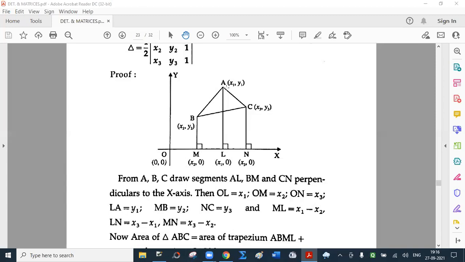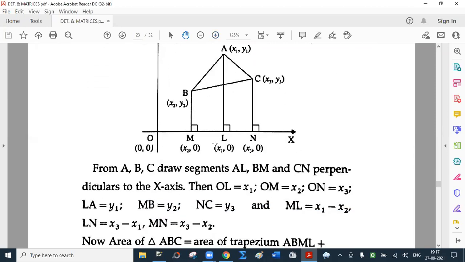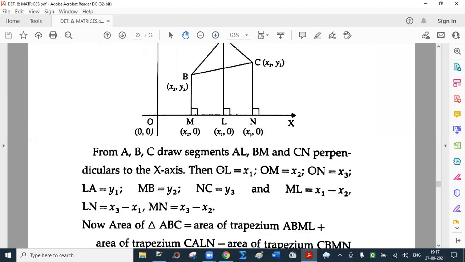LA is nothing but the y coordinate of A, which is y1. Similarly, MB is y2 and NC is y3. What is ML? ML is x1 minus x2. What is LN? x3 minus x1. It's not at all difficult. And what is the third one? MN, it is x3 minus x2.